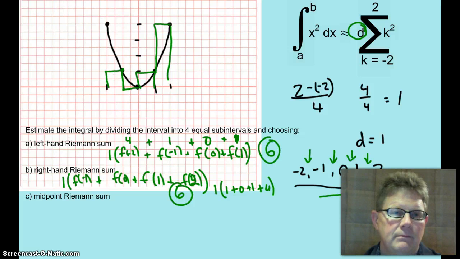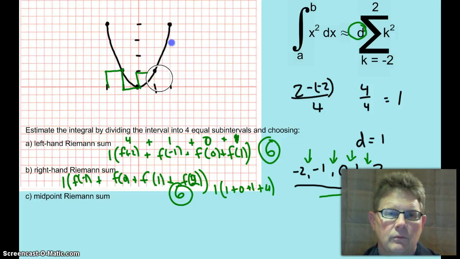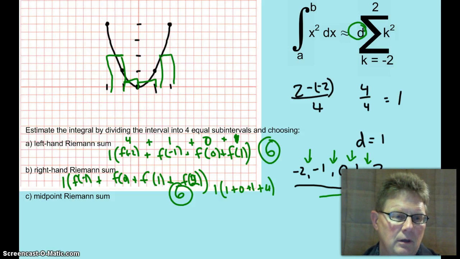And then we can also do the midpoint. So f of negative 1.5, right about there, that rectangle, f of negative 1/2, which is right about here, and then f of positive 1/2 right there, and then 1.5, looks like it's right about there. Those are the ones that we're going to be adding up.